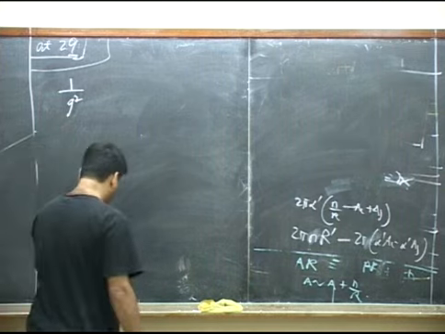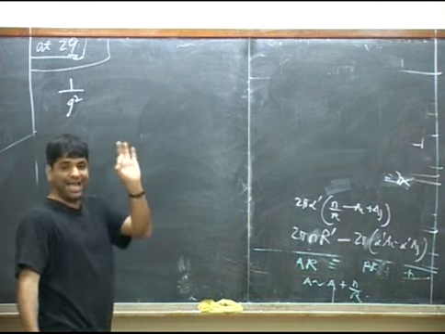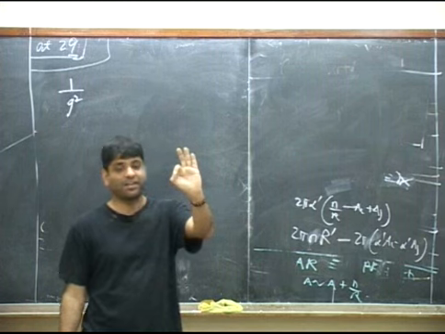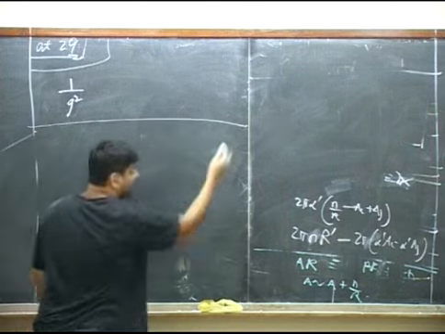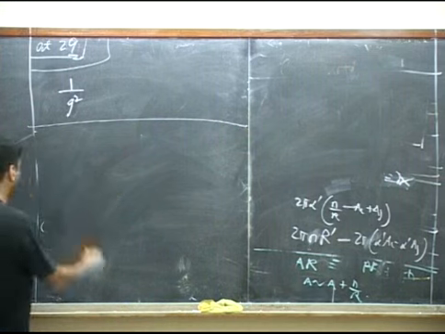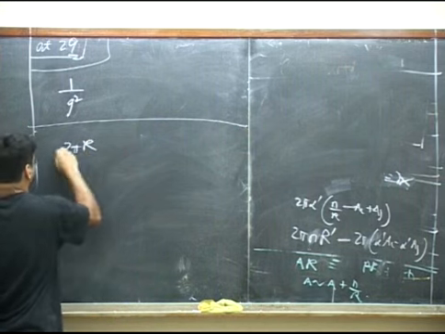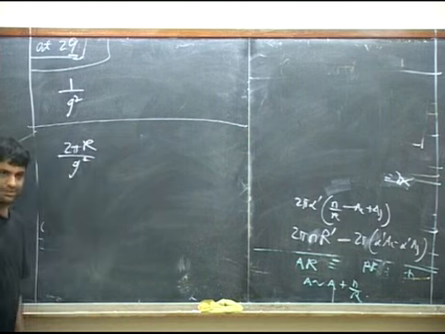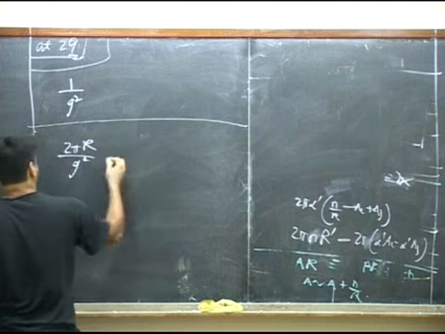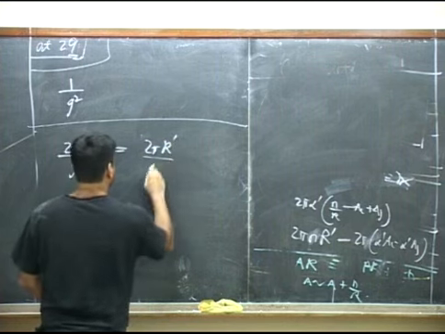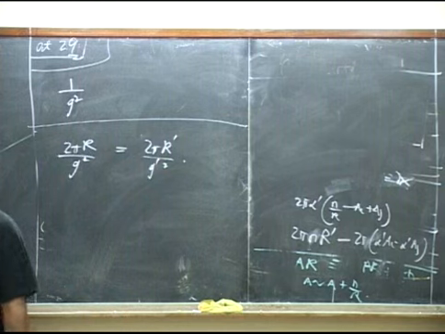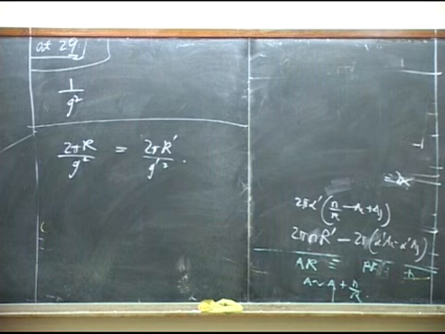So now if we have a description with a circle of size R, the low energy effective action requires that 2 pi R times 1 over g squared must be equal to 2 pi R prime times 1 over g prime squared. Is this clear? In order to get the same number behind the low energy effective action.